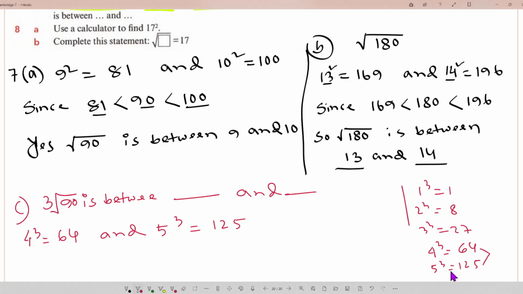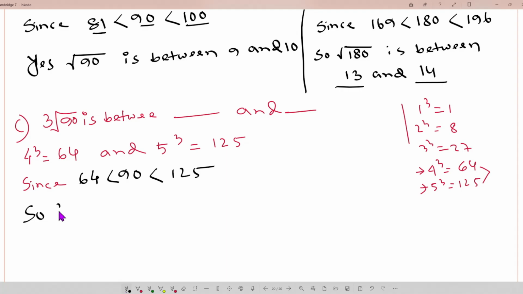64. 5 cube equals 125. So 64 and 125, the cube numbers are 4 and 5. Therefore 4 and 5 are consecutive numbers. So we can say, since 64 is less than 90 and less than 125, the cube root of 90 is between what? 4 and 5.